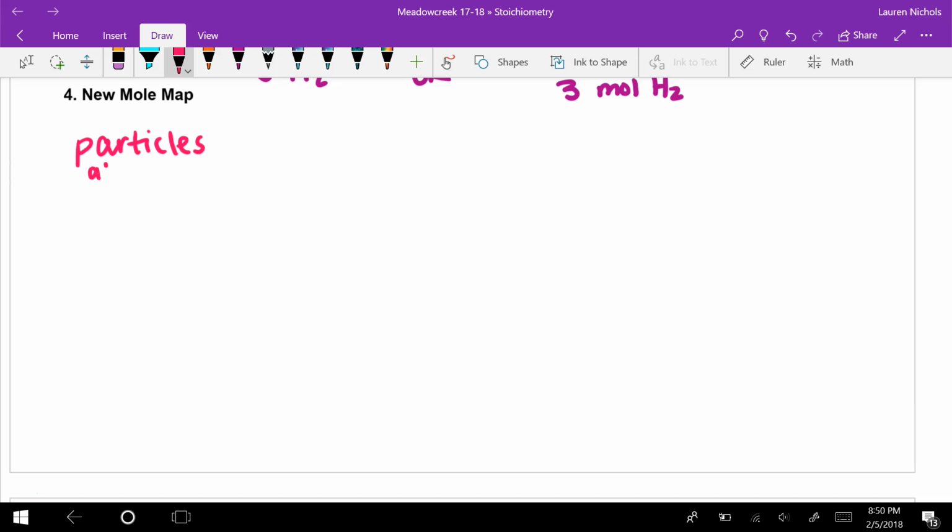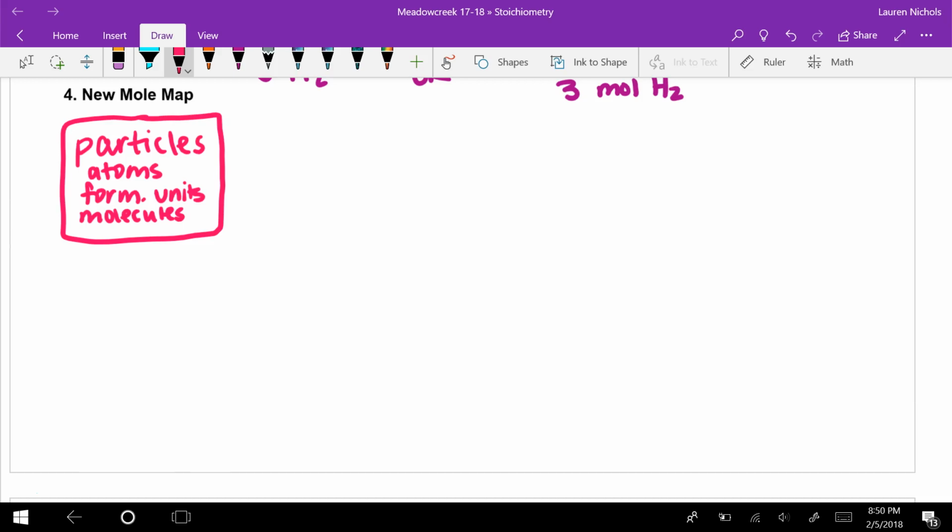So that could be referring to atoms, formula units, or molecules. All of those are in the same spot, I guess. And then you could convert those things using Avogadro's number, 6.02 times 10 to the 23, into moles.